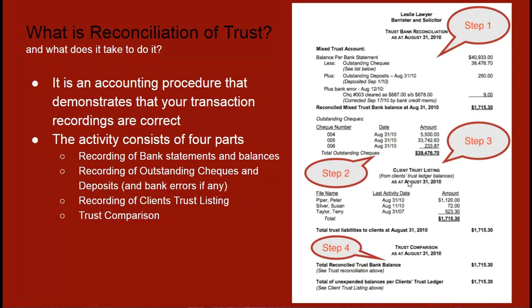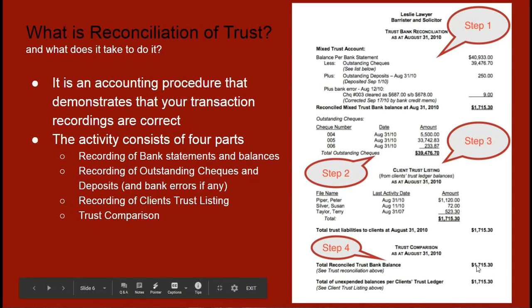And the fourth step in this trust reconciliation document is a final comparison. So this is the summarization that you're giving the auditor, saying, all right, having gone through these checkpoints, using these anomalies, giving you a trust listing, the total between what the bank says, that's the total reconciled trust bank balance, and what your bookkeeping says is the total of unexpended balances as per your own client's trust ledger.